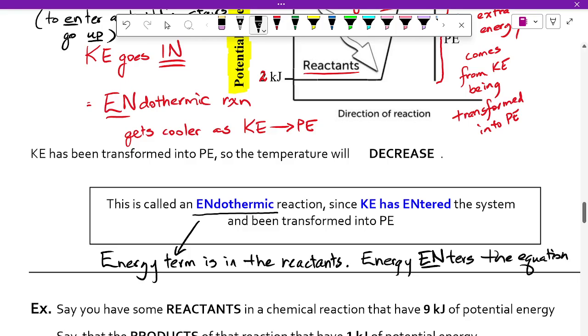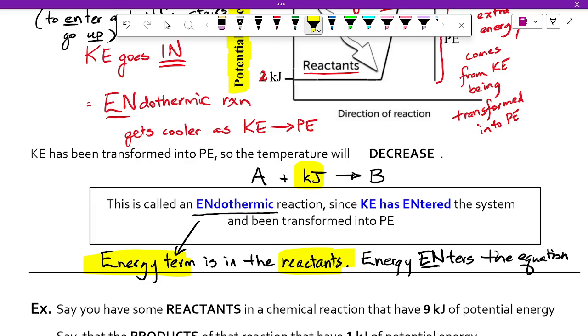So now you have two ways of knowing that a reaction is endothermic. You can either see, I've got A plus kilojoules goes to B. There's my energy term in the reactants. Energy is entering, or my potential energy diagram goes up. That's an endothermic reaction. Or if it says it gets cooler, you also know that it is endothermic.